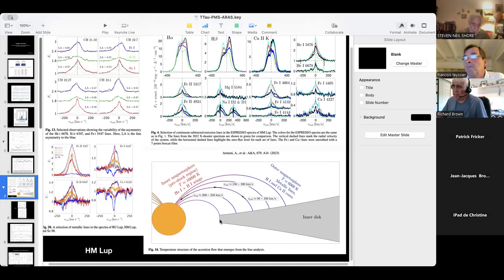The effect is that the material is actually falling into the star. And so there's a shock at the surface. This is the classical picture. And material is being funneled up toward the polar region. And this is going to show up as different lines with different velocities. The highest velocities, that is the highest redshifts, are going to be from the ones that are near the polar region. And as the star rotates, this is going to be modulated.